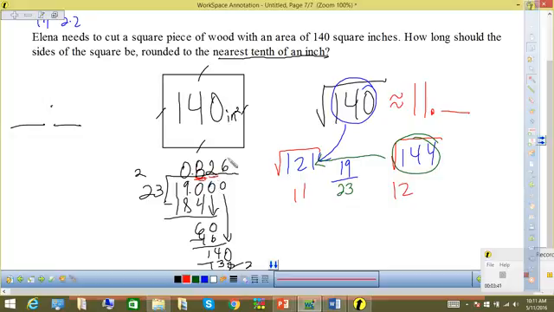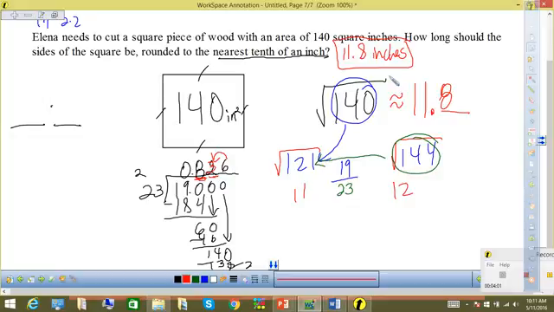This is 100. So let's see. This becomes 3. So this one stays a what? An 8. So therefore, each side, it says, how long should the sides be? 11.8 inches. No, that's for area. The length is just that.